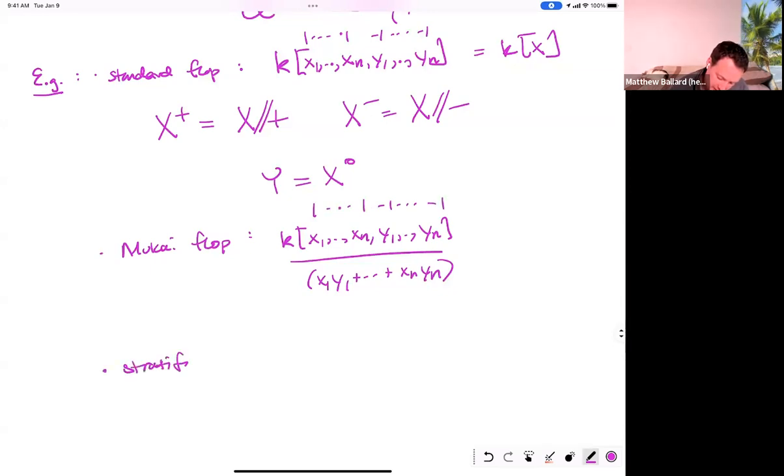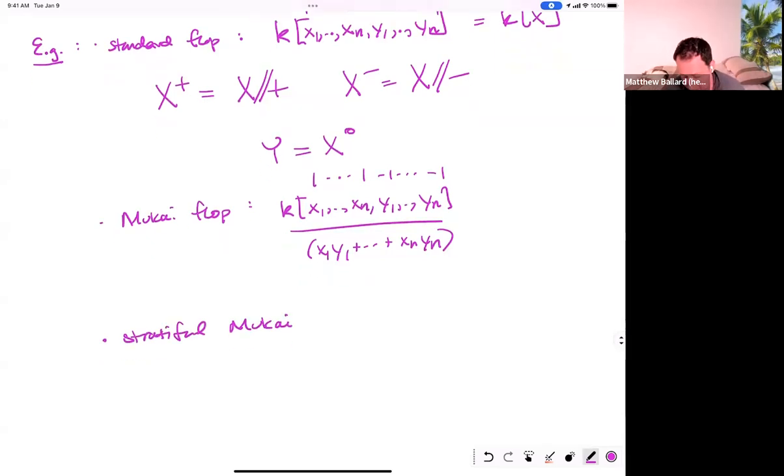And then for the stratified Mukai flop, it's a generalization of the previous one where instead of a one-dimensional space, we have an n-dimensional space.